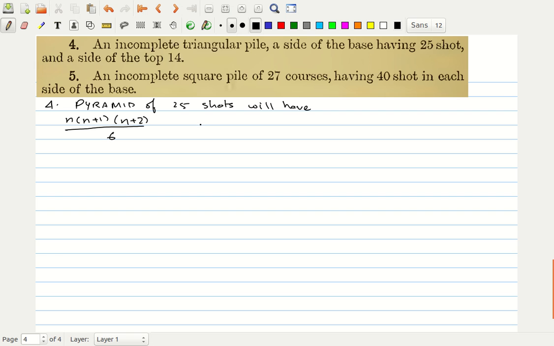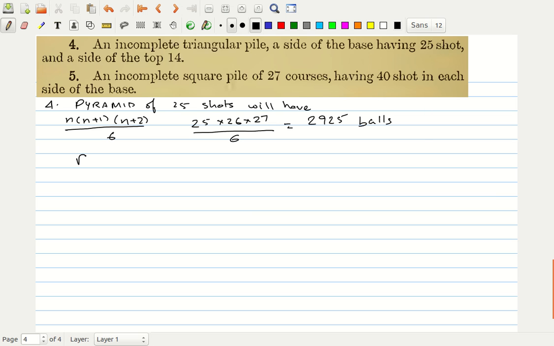So in case of 25 balls, it will be 25 times 26 times 27 divided by 6, right, and this will come out to 25 times 26 times 27 divided by 6 is equal to 2925. So this will be 2925 balls. This is if the pyramid were complete.